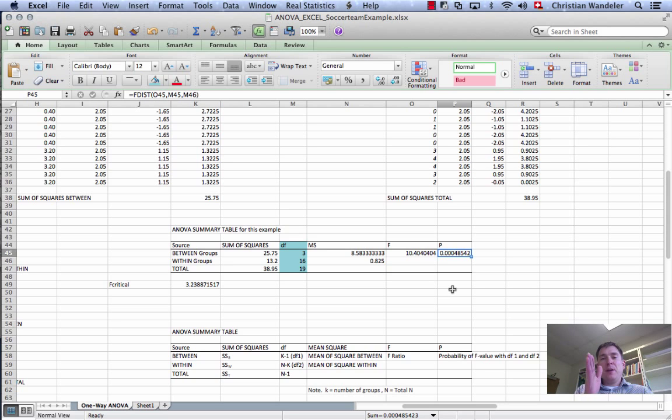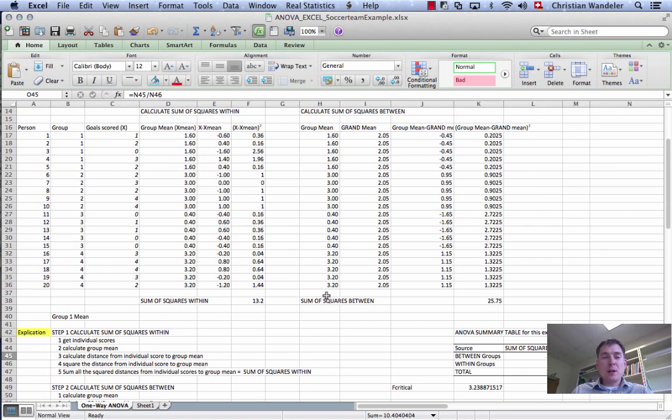You could even see, even if we had adopted a very strict significance level of 0.01 or 0.001, we would still be saying that this F value is statistically significant. You can also see here that the F critical is 3.23, so we are way past that critical F value.